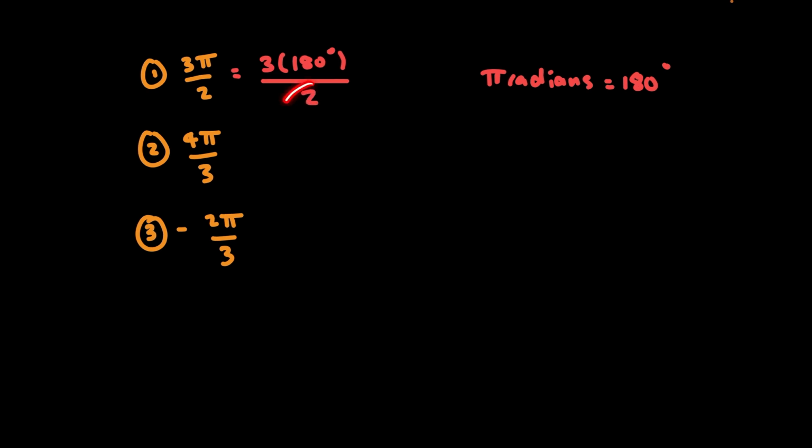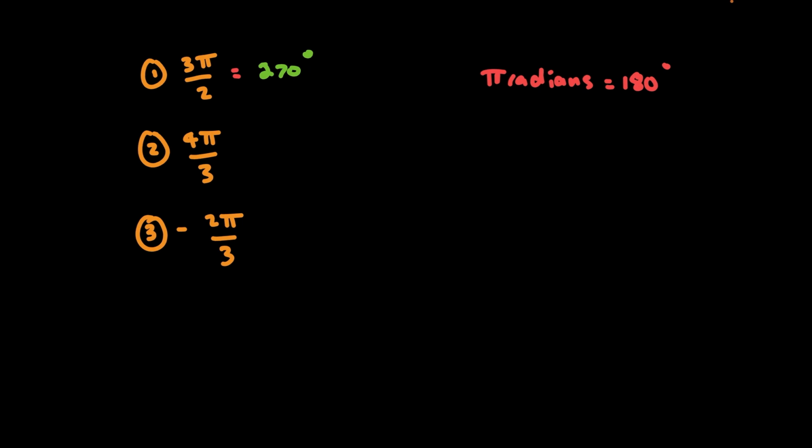Now 2 and 180 cancel out to get 90 on the top. Then what is 3 times 90 degrees? Well, that's 270 degrees. So this is the value of 3 pi over 2. In my opinion, much more simple.